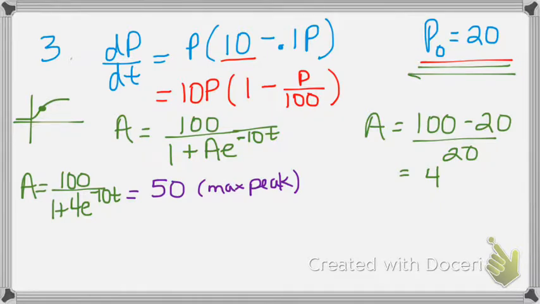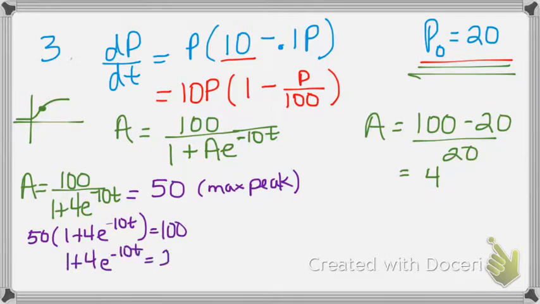Alright, so I cross multiply. Divide by 50. Subtract 1. Divide by 4.